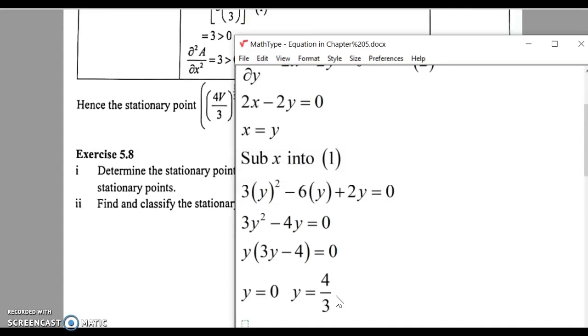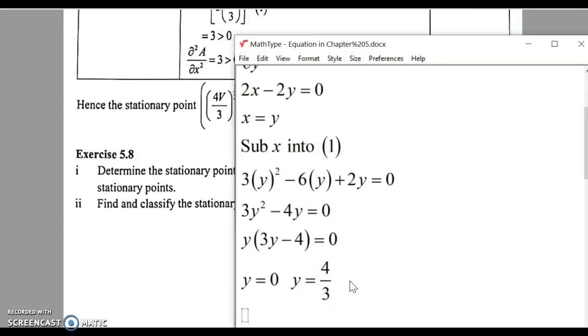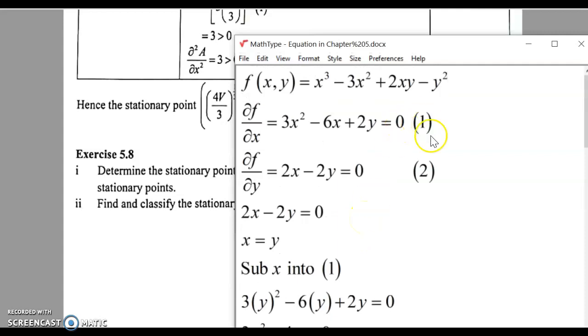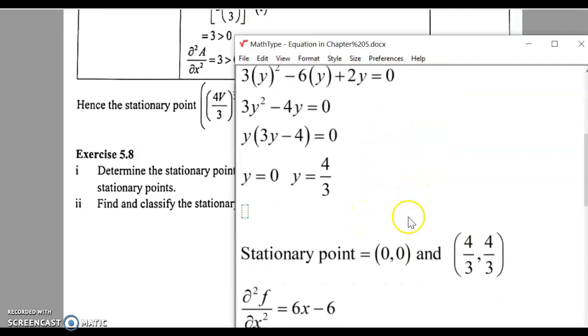Okay, because x equal to y, whenever y equal to 0, x will also equal to 0. Whenever y equal to 4/3, x will also equal to 4/3. In other words, for this function, we have 2 stationary points, which is this.